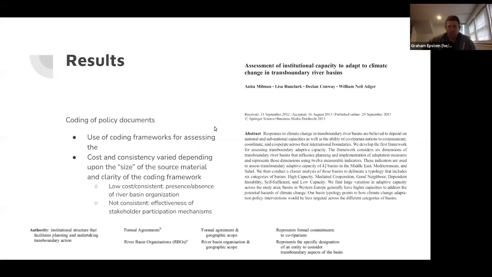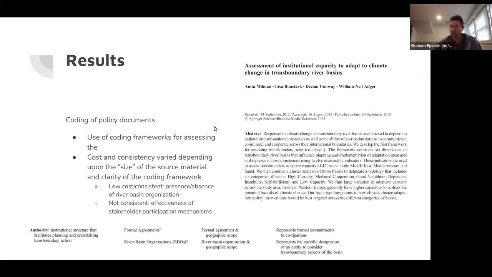The third approach that is fairly common is the use of coding frameworks and desk-based assessments. So researchers will go out, develop criteria. This is a dimension of good governance, and this is how we are going to measure it. These are the criteria you're going to use to measure it, often based on policy documents and so on.